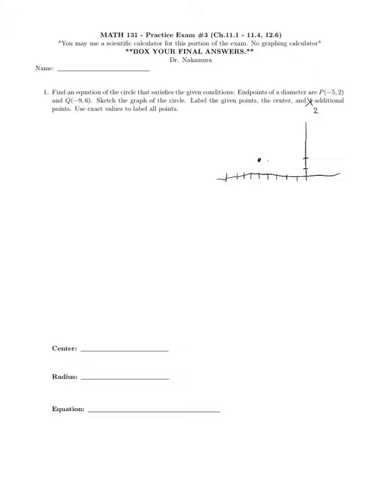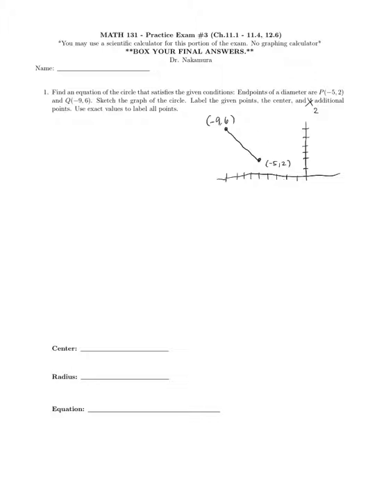Let me label this as negative 5, 2, and then negative 9, 6. So maybe that's over here. Okay, so this is negative 9, 6. And here is the diameter.